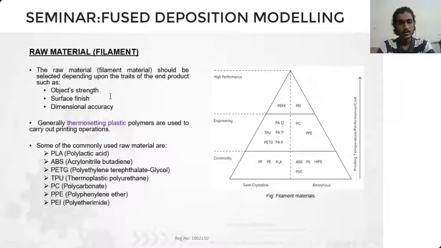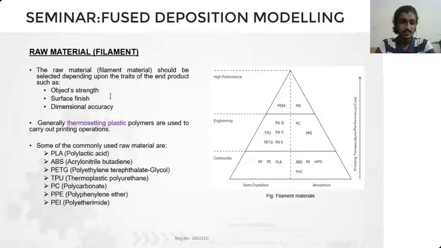Then let's speak about the raw material. Generally, raw materials such as commodity plastics, engineering plastics or high performance plastics can be used to produce the end product.